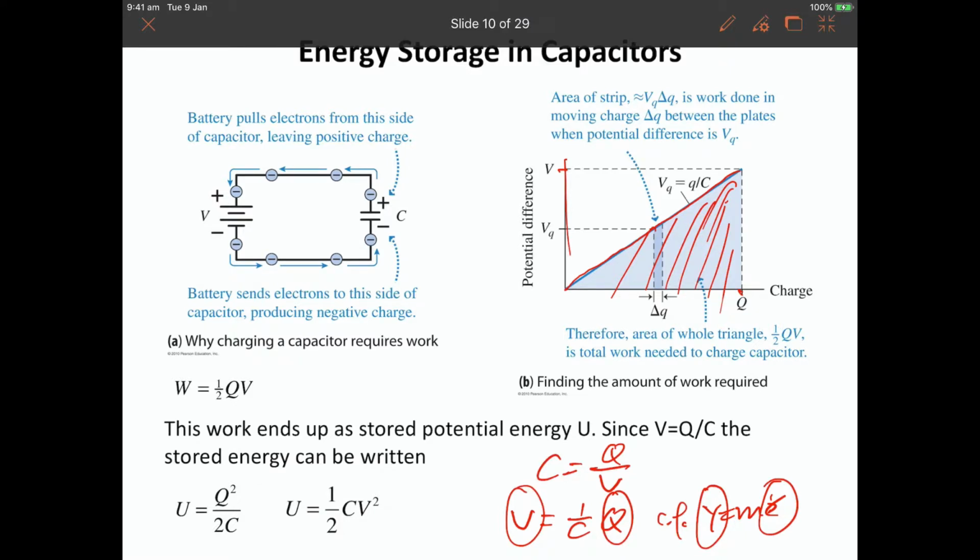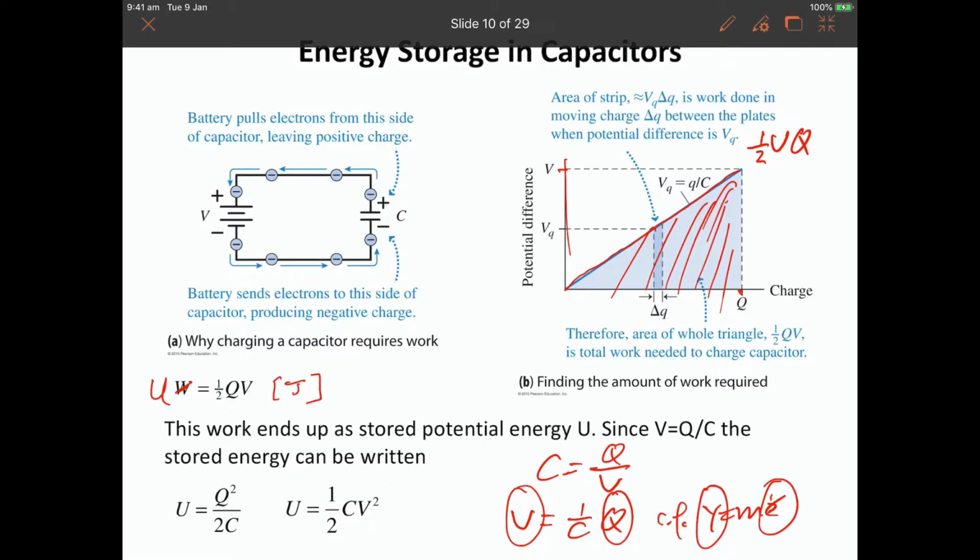Now, how to calculate the energy? Of course, the area is half VQ, because this is not a rectangle. This is a triangle. I beg your pardon, this is U. This is energy, and the unit is joule.